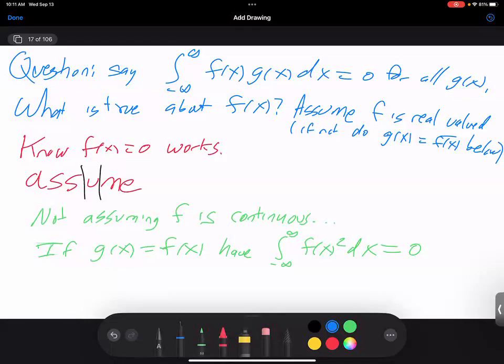Okay, so give me a definition, give me a function that works. f of x is 0 here, and okay, so try f of x equals 1 if x equals 1 and 0 otherwise.